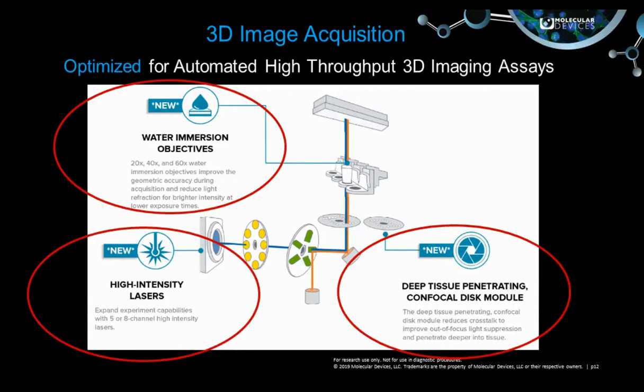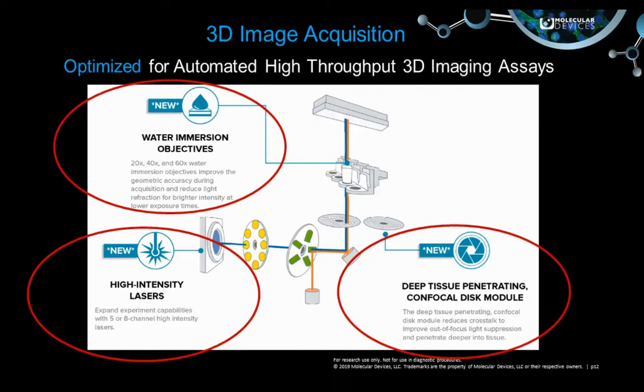As you can see in this slide, we lay out the optical path of the IXM confocal with these new high-performance customizations. It is now optimized for automated high-throughput 3D imaging assays with our water immersion objectives, 20, 40, and 60x, that reduce light refraction for brighter intensity at lower exposure times.